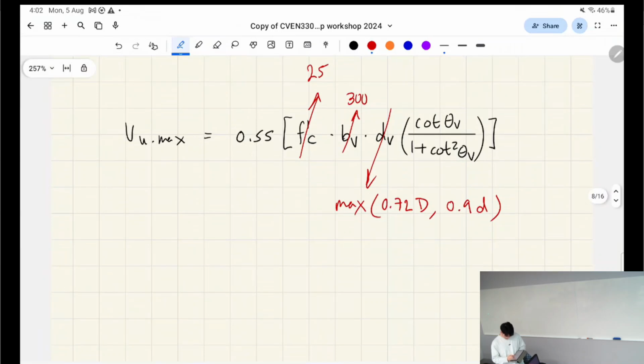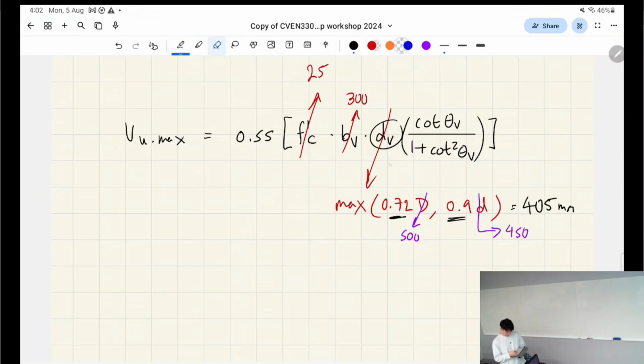So D, as we mentioned, is the effective depth, and this was 450, my bad, let's do it in mil. And the overall depth of the section was 500, okay? So the max of these two calculations, when you factor in these reduction factors, is 405 mil. So that's what value we're going to plug in for DV, okay?